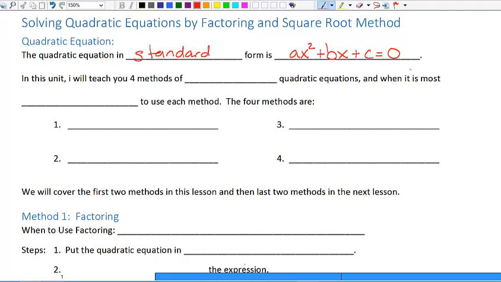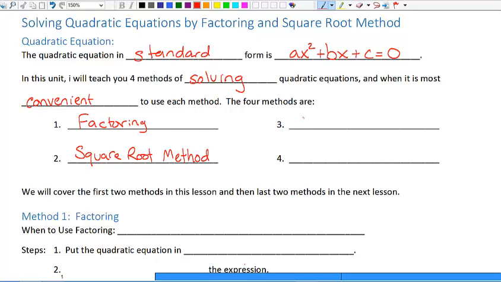So in this unit, I'm going to teach you 4 methods of solving quadratic equations, and when it is most convenient to use each method. So the 4 methods that you're going to learn this unit are first, factoring. Second, the square root method, which some books call extraction of roots.